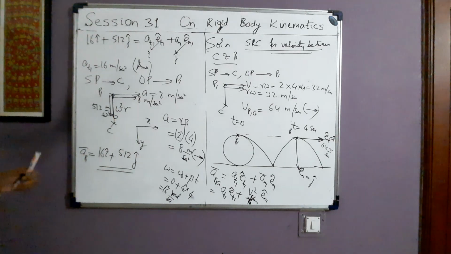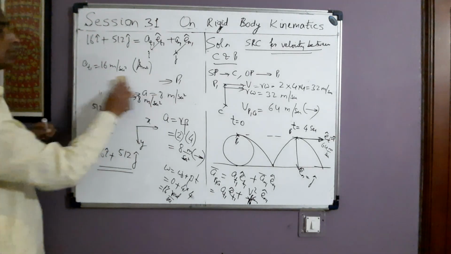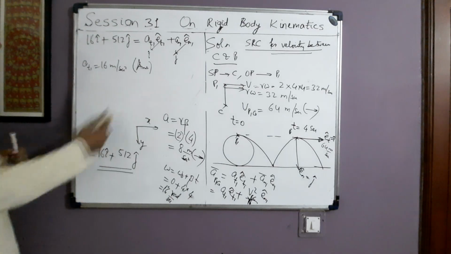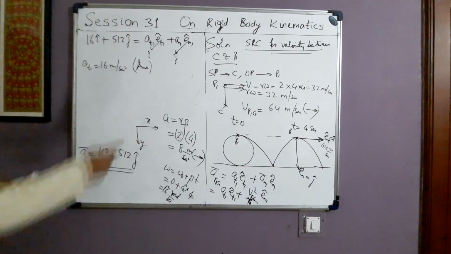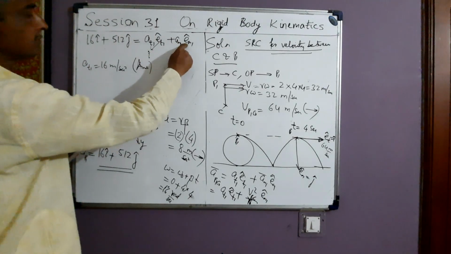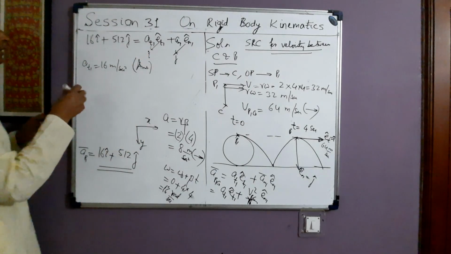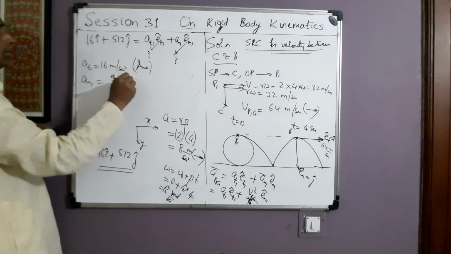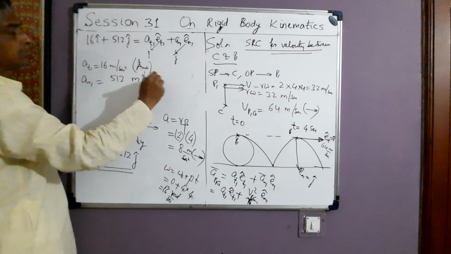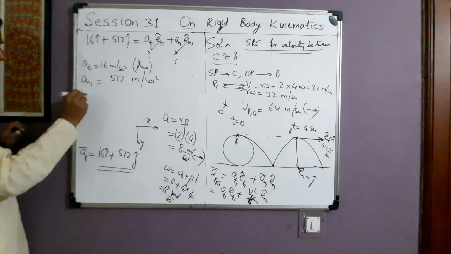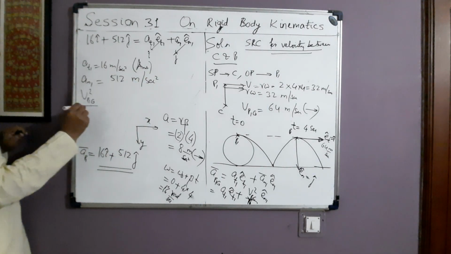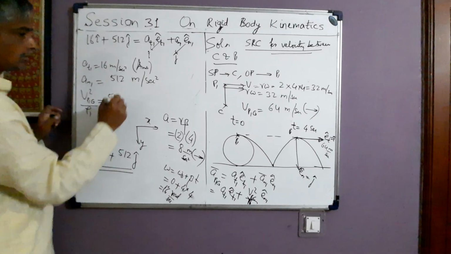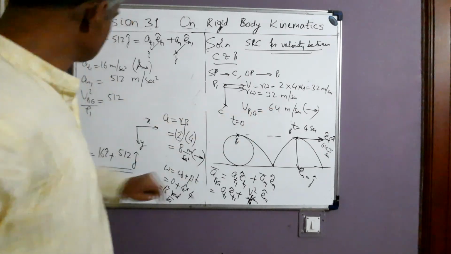This is the tangential acceleration of point P1. And I equate the j component. This is just En1 hat is j hat. This is also j hat. So an1 is equal to 512 meter per second square. This will be written as Vp1g whole square by rho 1, equal to 512. Now Vp1g is how much? 64 meter per second.